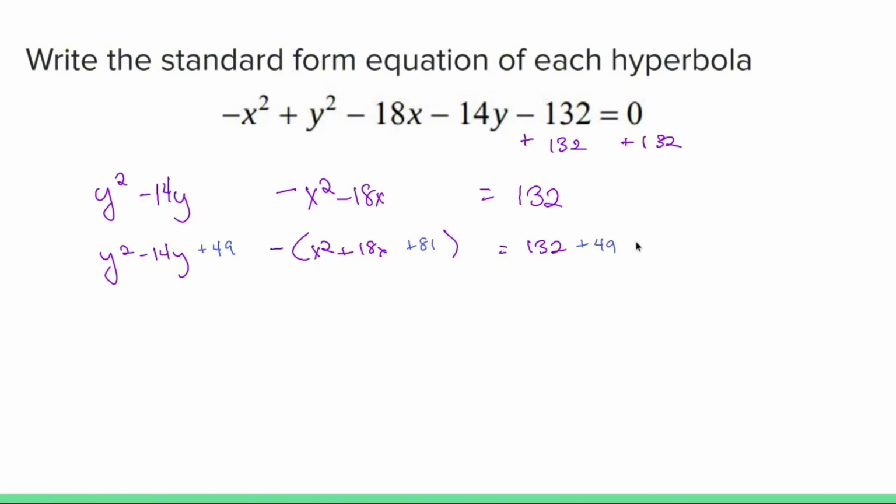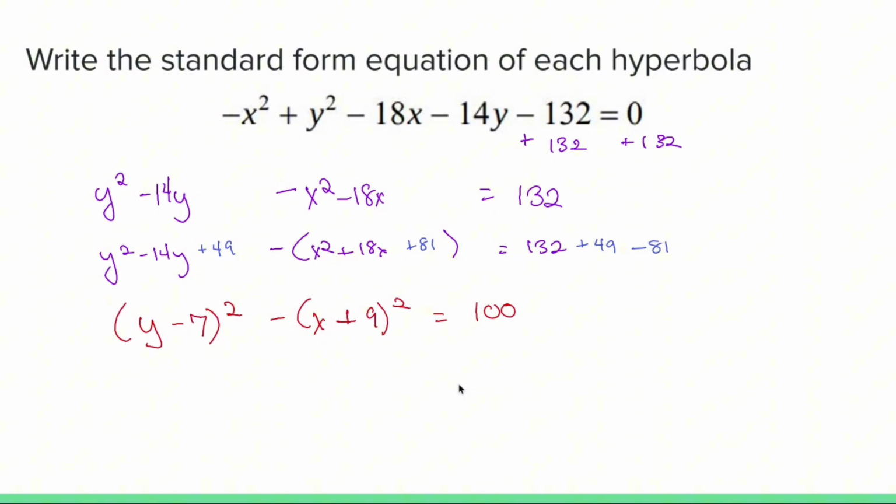It's a negative 81, so we have to subtract 81 from both sides. Okay? Now, what this does for us here is this guy is a perfect square trinomial, y minus 7 squared. Minus this guy becomes x plus 9 squared. Equals 100.